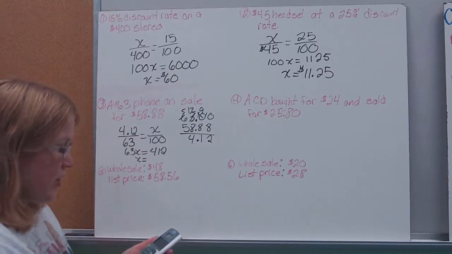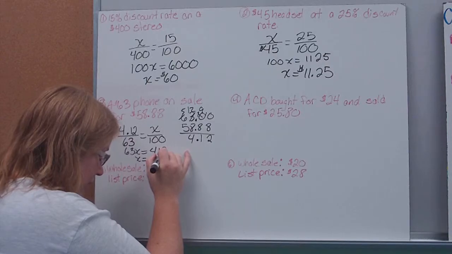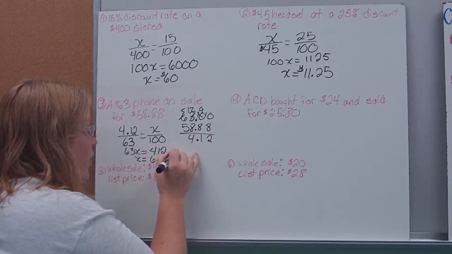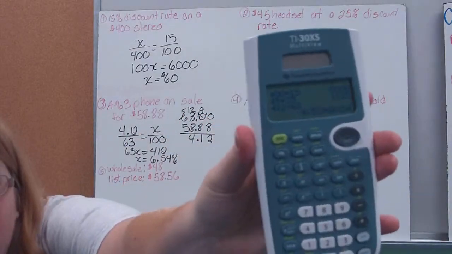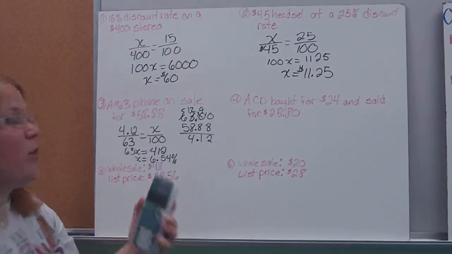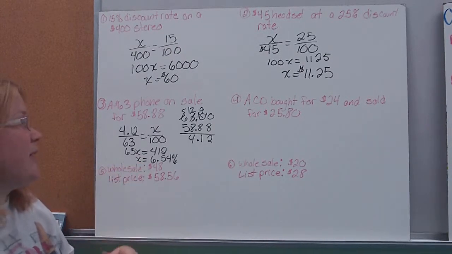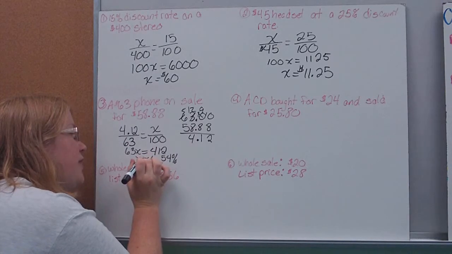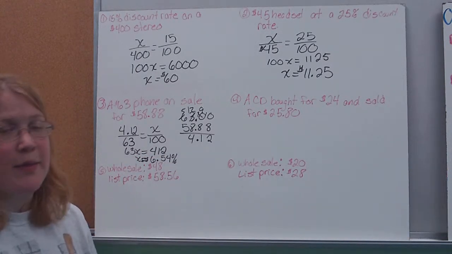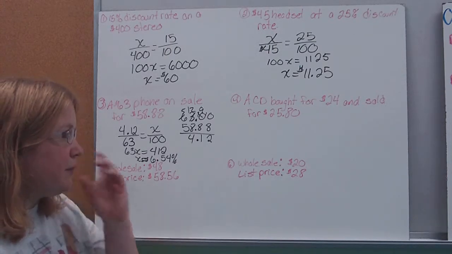I'm just going to round to the nearest hundredth to make it easy on myself. When I round to the nearest hundredth, I get 6.54%. It's one of those lengthy decimals, so we're just rounding it off to make it easier. Since I rounded, I'm going to take my equals and make it approximately 6.54%, because that's not an exact number.